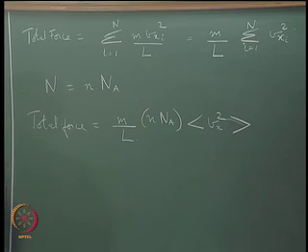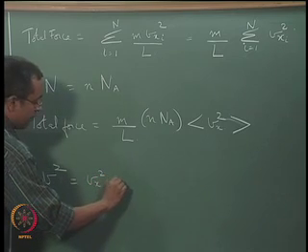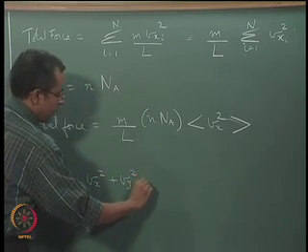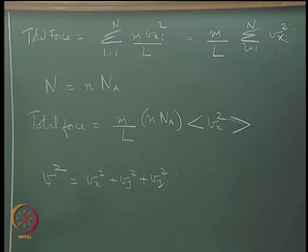Now we would also recognize that we have only taken the x component into account. In general, the square of the modulus of the velocity is going to be Vx square plus Vy square plus Vz square. A given particle could have a velocity in an arbitrary direction v, so it has an x component, a y component and a z component.